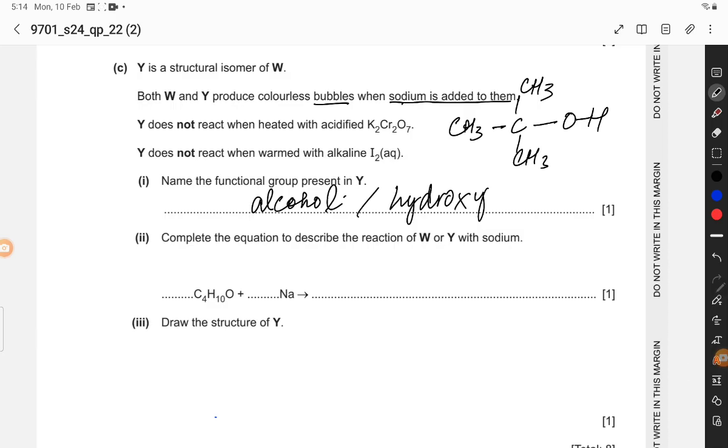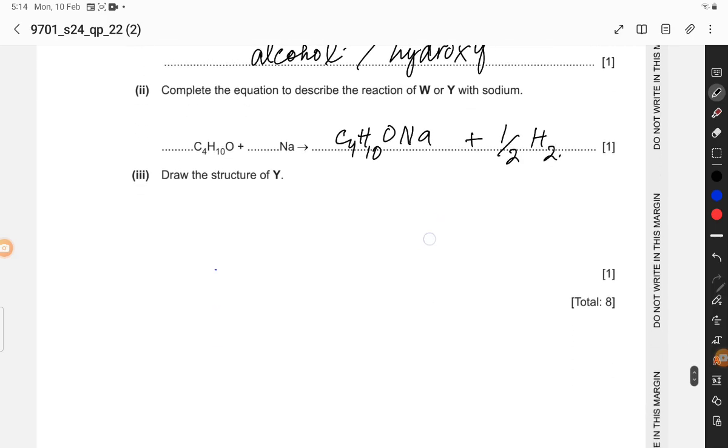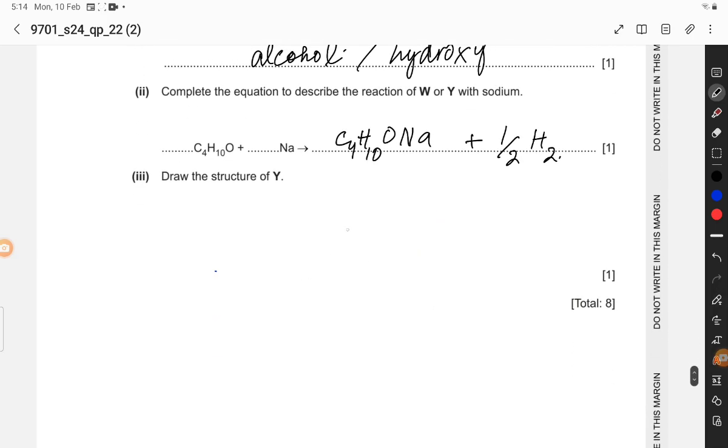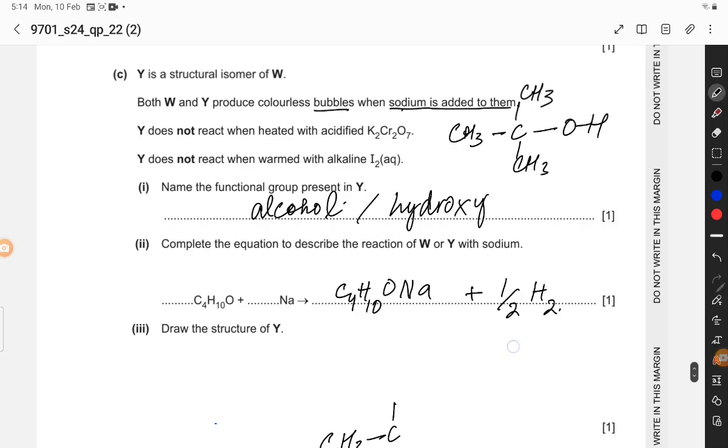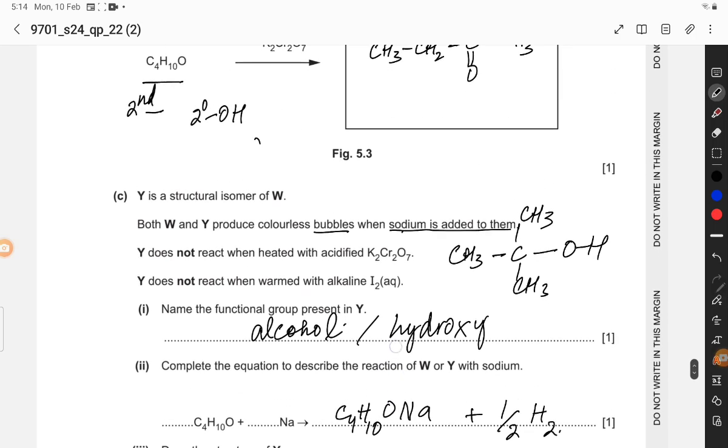So the reaction with sodium: C4H10O plus Na gives C4H9ONa plus half H2. So this is the chemical equation for this reaction, and the structure of Y is a tertiary alcohol, because a tertiary alcohol does not react with acidified potassium dichromate but a primary alcohol does.